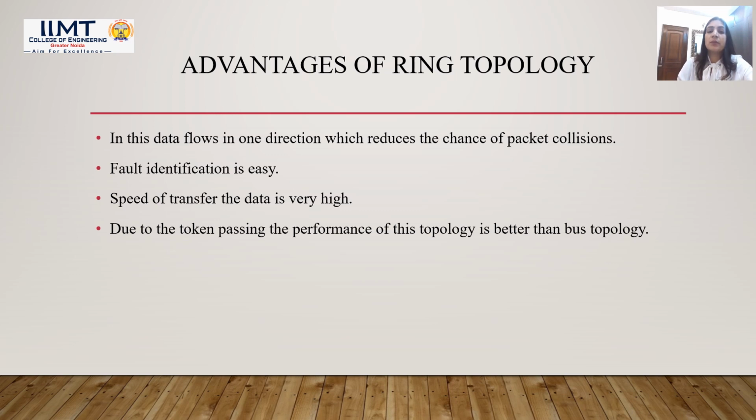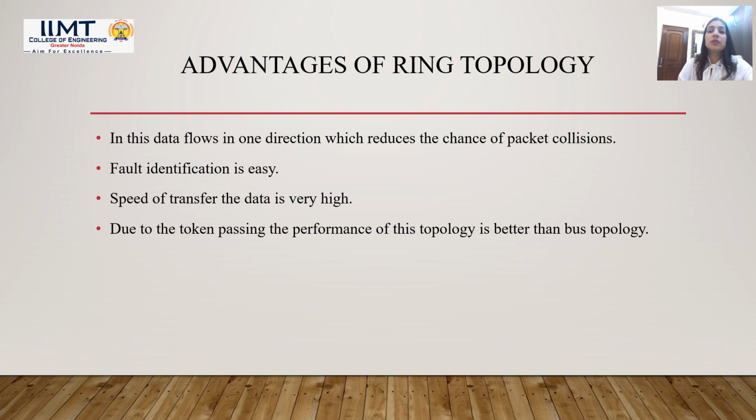Now we'll discuss some advantages of ring topology. First one is that in this topology data flows in one direction, and because of the unidirectional flow of data the chances of packet collision are less. Easy fault detection: in this topology a fault can be easily identified.